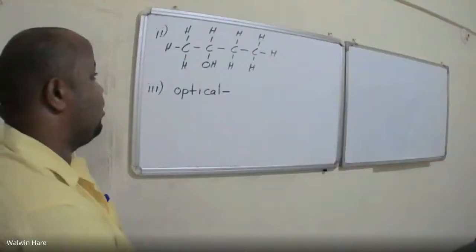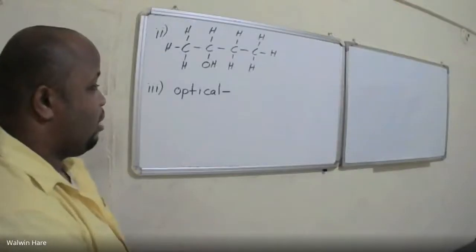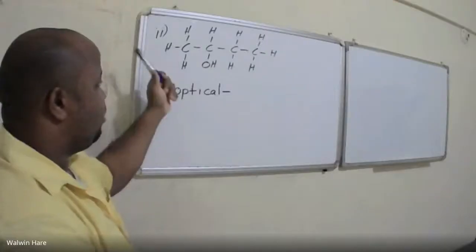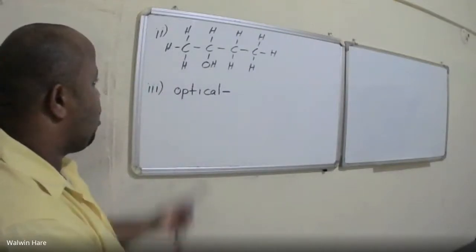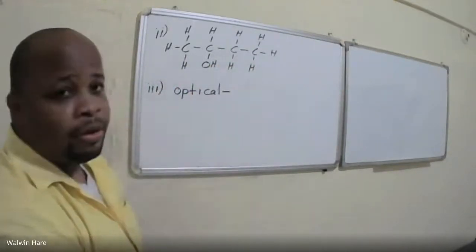Because there's a... which carbon is chiral? Starting from this end, which one of them is? Carbon 1, 2, 3, or 4?